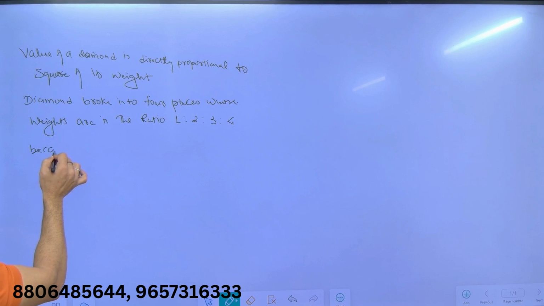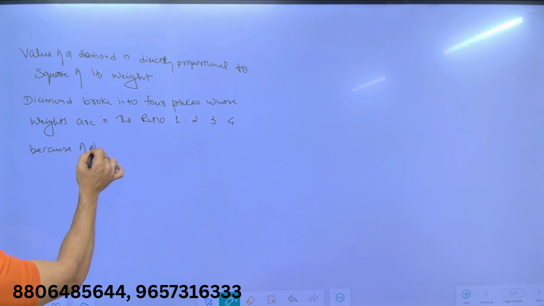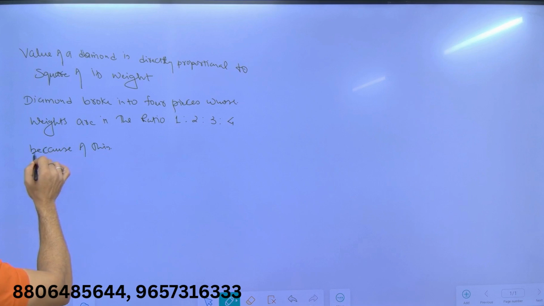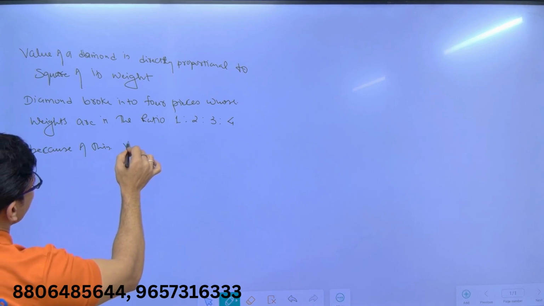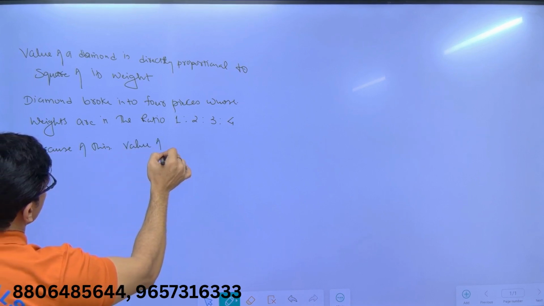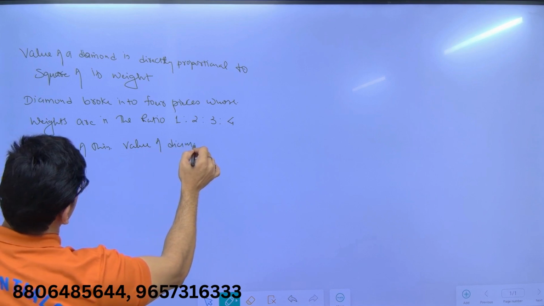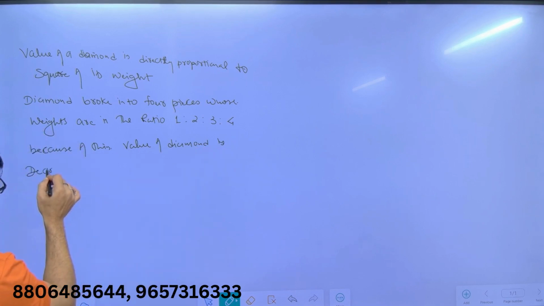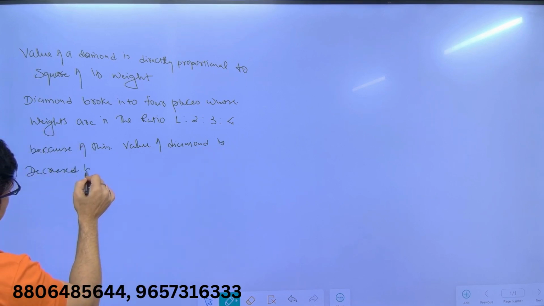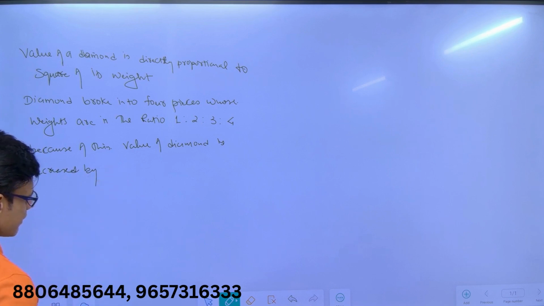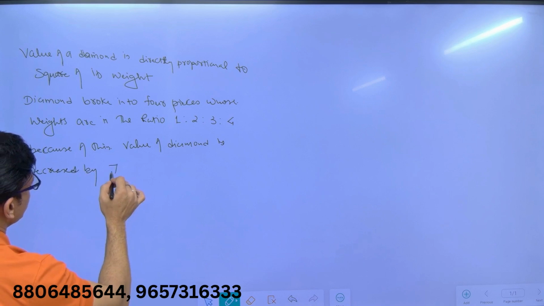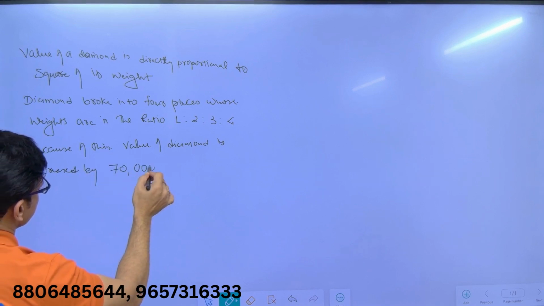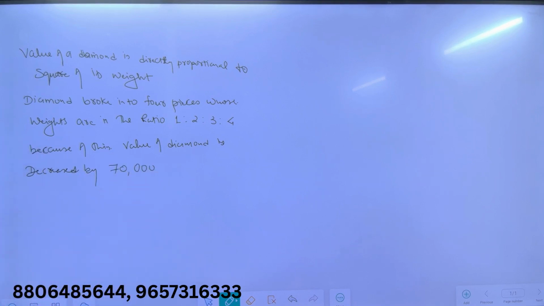And because of this, value of diamond is decreased by कोई भी नंबर ले लो 70,000, right?